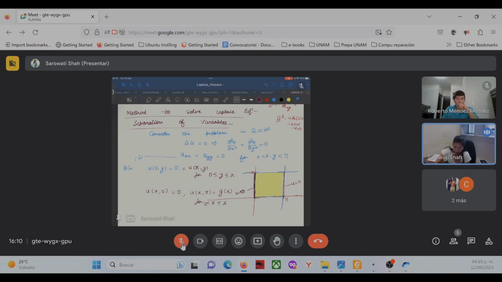So when y is 0, u equals 0. But when y is pi, this is the boundary. On this boundary, u is g(x).